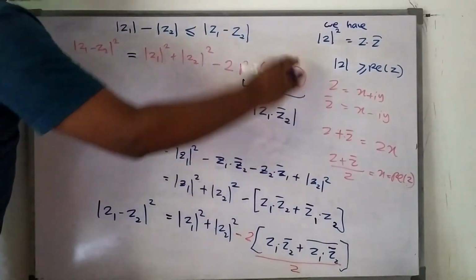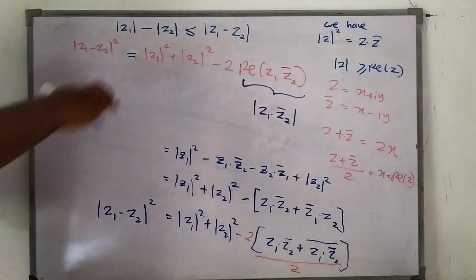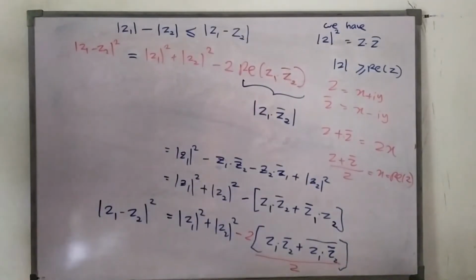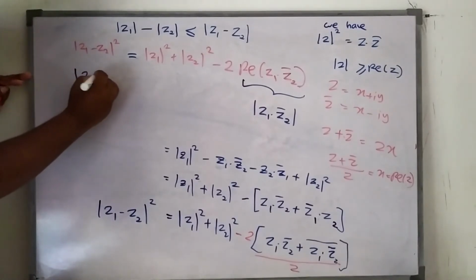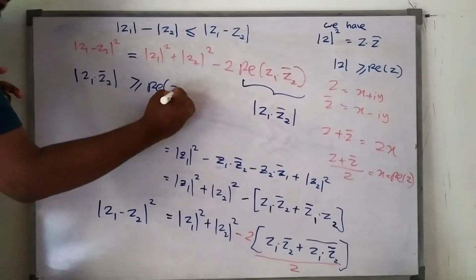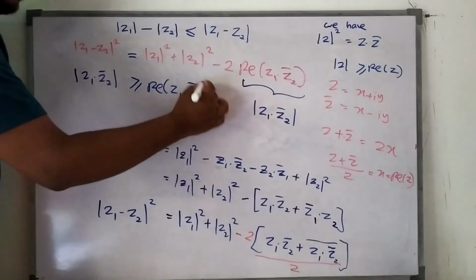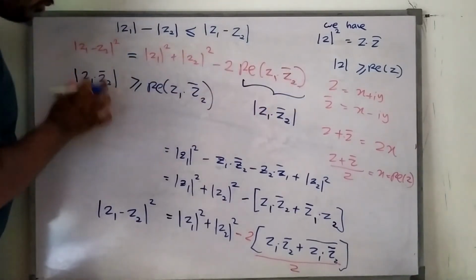If you put this one over here, this value is getting larger. Normally the modulus of z1 z2 bar is greater than the real part of z1 z2 bar. So I'm just removing this part and putting this one.